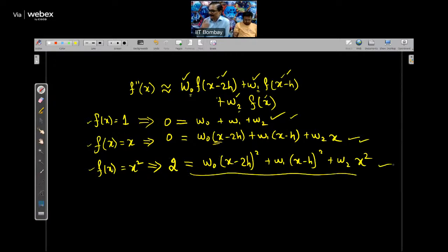In that way, you have three equations for three unknowns W0, W1, and W2. That is a linear system. You can solve that linear system to get W0, W1, and W2. Once you have the expressions, you look at what is asked, W0 plus W1, right?